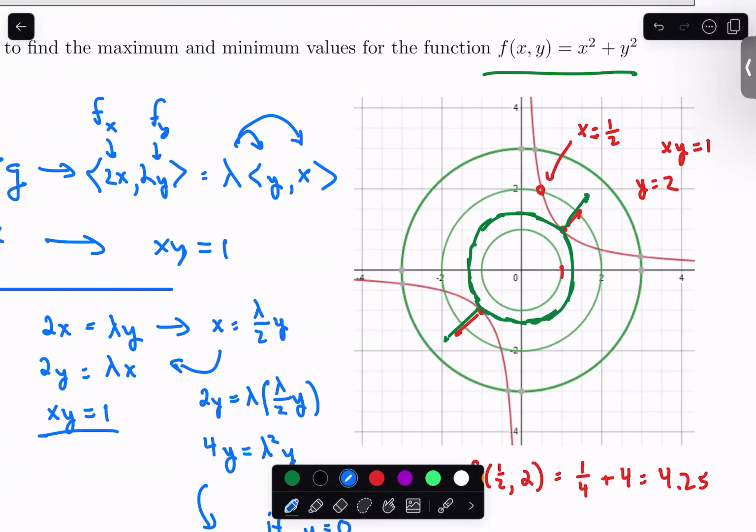And if you want to get those small values, you want to be plugging in things that are close to the origin, right? So for instance, if I plugged in 0, 0, that would be how I achieve 0 for my range. But notice that I can't actually get that close here. On the other hand, for maximums, I just need to go as far away from the origin as possible. So I could even go something like way up here.